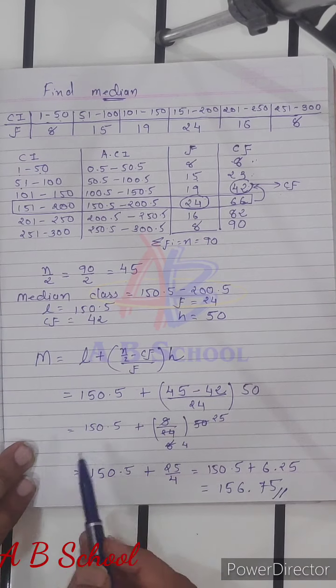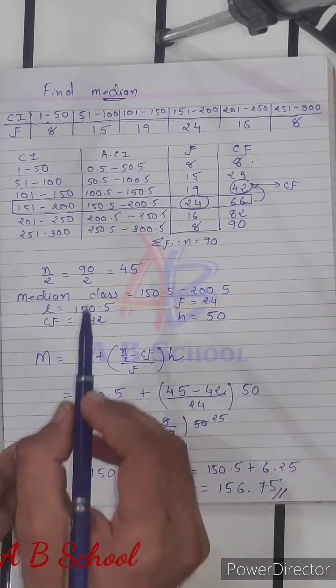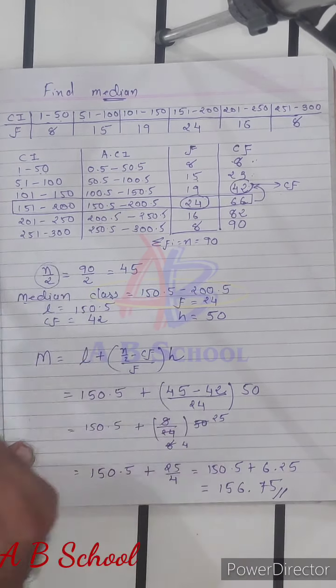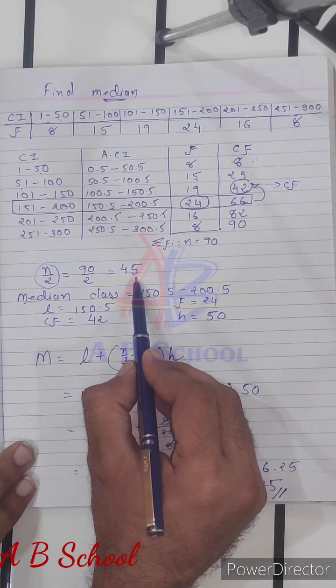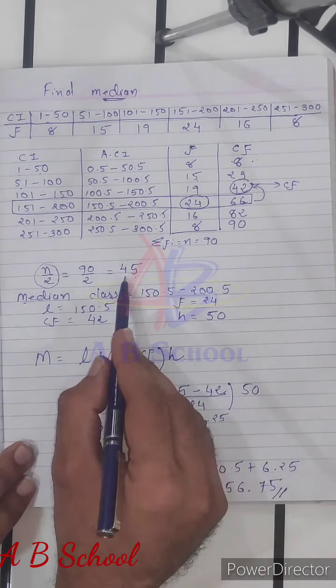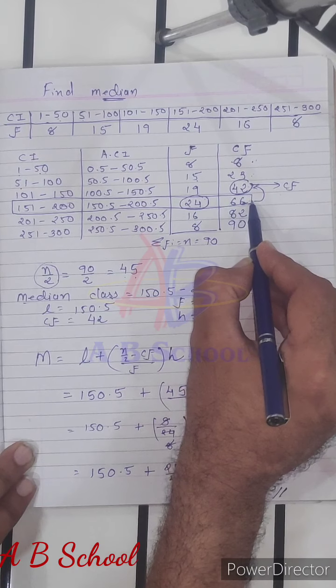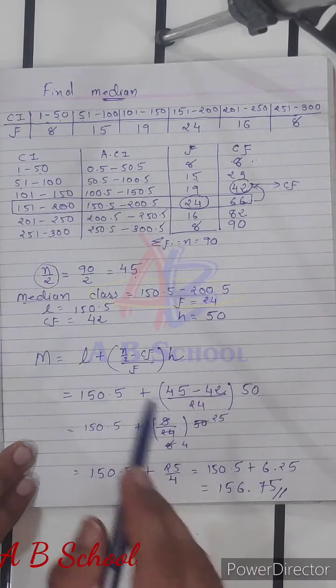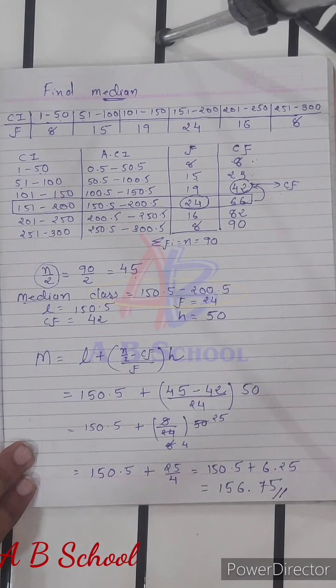Quite a simple thing, we just need to remember: we need to find the median class by observing n by 2. For the n by 2 value, we need to look for the value just above it in the cumulative frequency, and that class will become our median class.